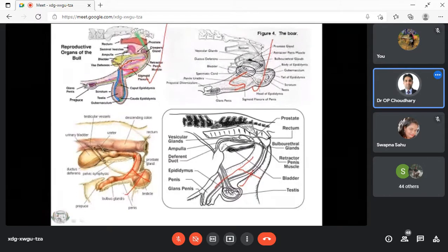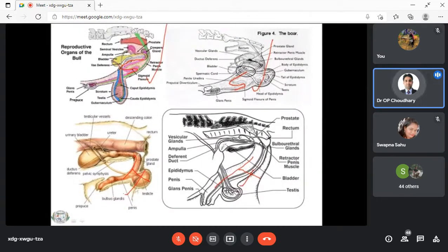Very, very important. So due to the presence of the sigmoid flexure in the boar and in the bull, the chances of urethral calculi are higher. During the filtration of the urine, in the water filtration in the kidney, there is formation of some crystalline particles that will come out from the kidney and pass through the urethra.